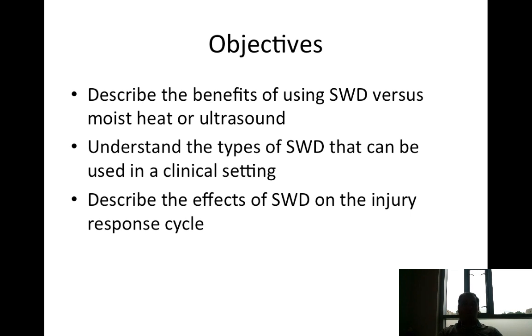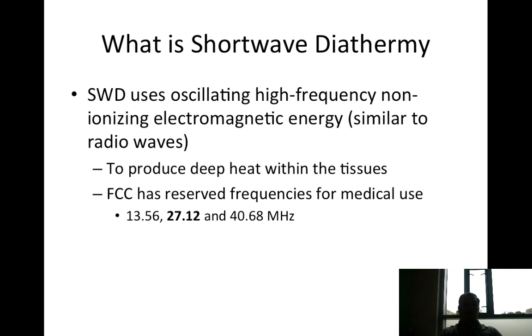So we'll talk a little bit about moist heat versus ultrasound versus shortwave diathermy, the different types you'll see in a clinical setting, and the injury response. So what is shortwave diathermy? Well, it uses oscillating high frequency, non-ionizing electromagnetic energy, similar to radio waves.